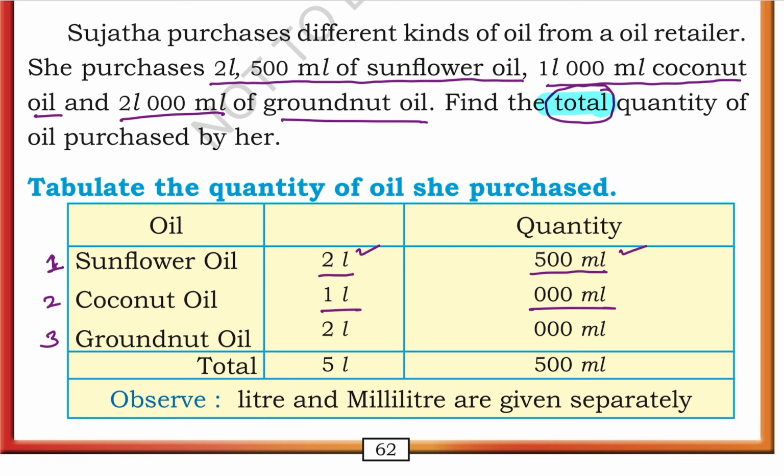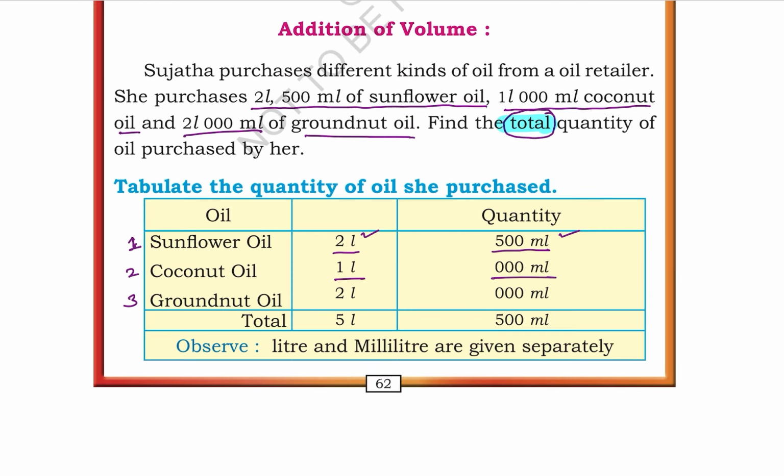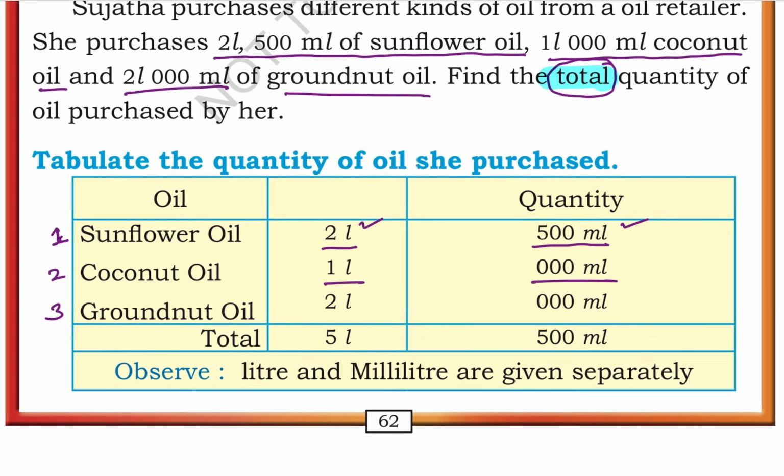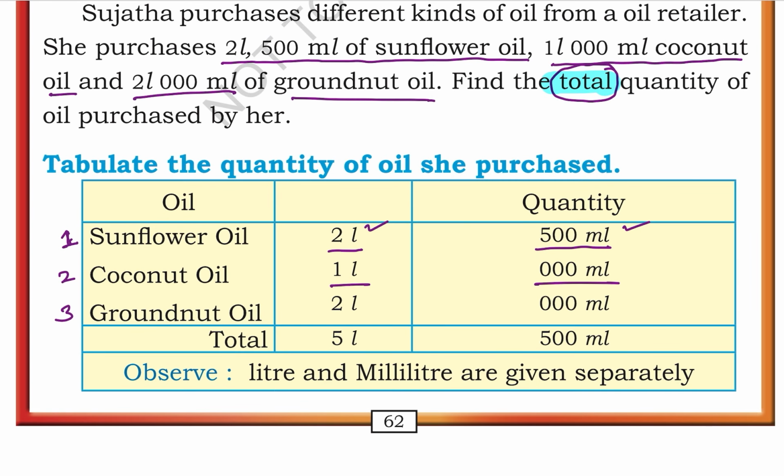They have given different types of oil: sunflower oil 2 liter 500 ml, coconut oil 1 liter 0 ml, and groundnut oil of volume 2 liter 0 ml. We have noted down the given volumes one by one, and we have to find the total quantity. First we will add the smaller unit volume: 0 plus 0 plus 500 is 500 ml.